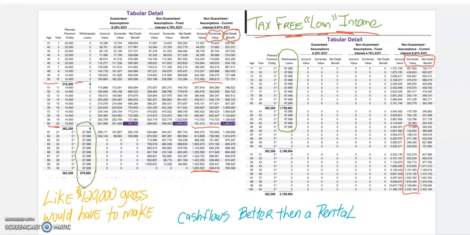You started to fund the IULs and you treated those like rentals, because you can see what happens over time. And all this net death benefit, remember, all gets left behind to your loved ones too, just like a piece of real estate, guys. So start to think a little bit differently about where you're putting your money from your real estate deals. And I look very closely at the IULs as another technique or another strategy.